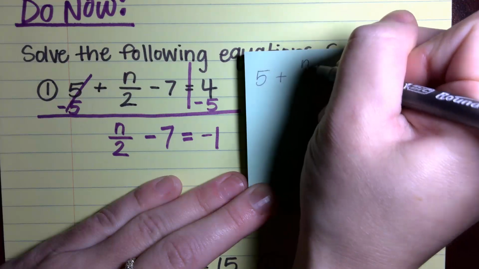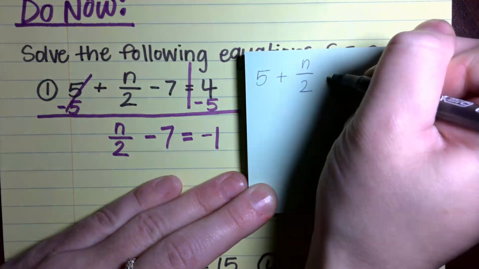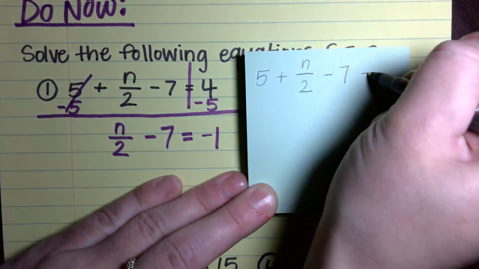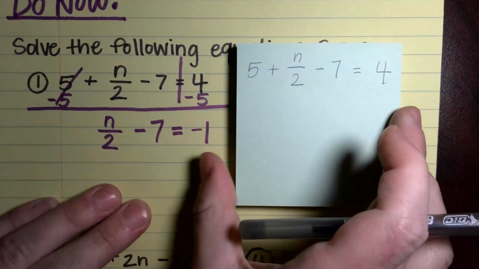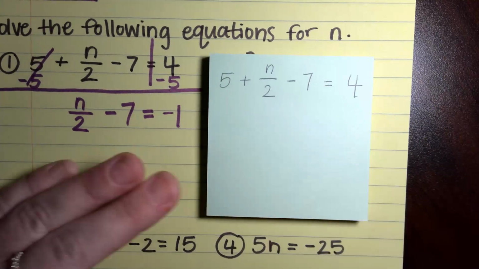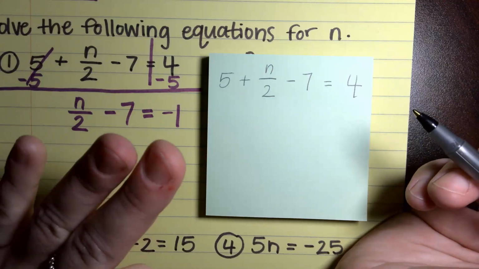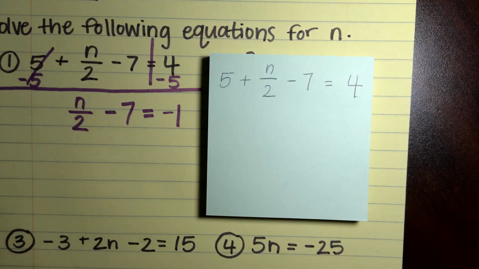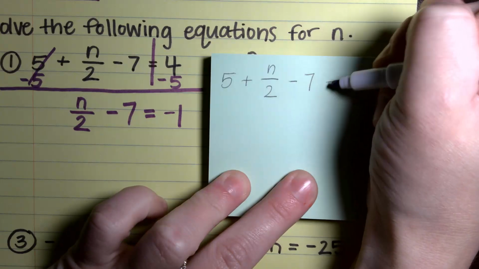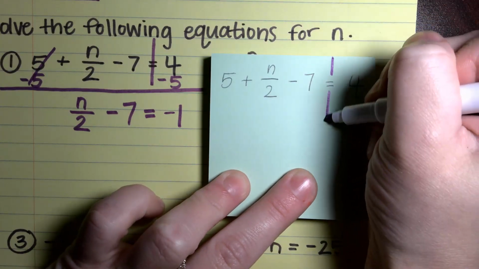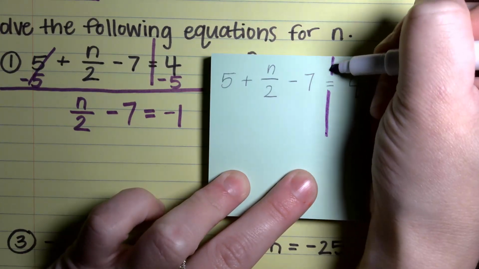5 plus n divided by 2 minus 7 equals 4. So an equation like this, because it's longer, it just looks different. It's the same thing. We know that this equal sign separates our equation into 2 sides.